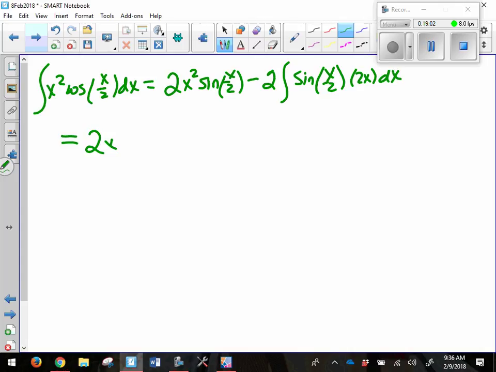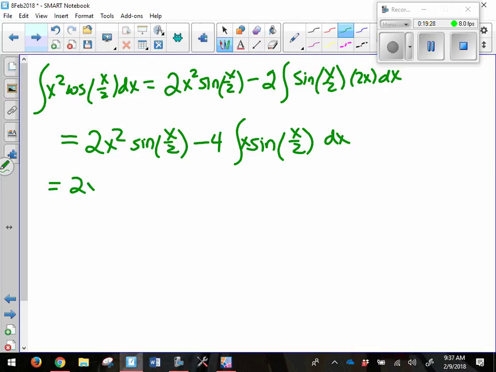So my first term here, nothing happened to it, right? I pulled out a 4, so it was minus 4 times the integral of sine x over 2 with an x in front dx, right? With me? So again, I leave this here.